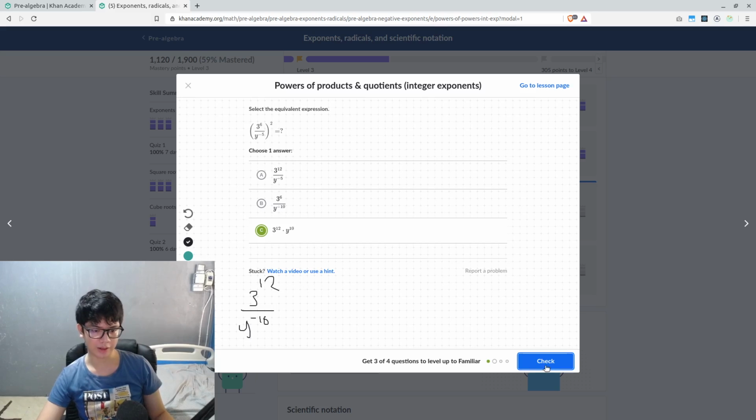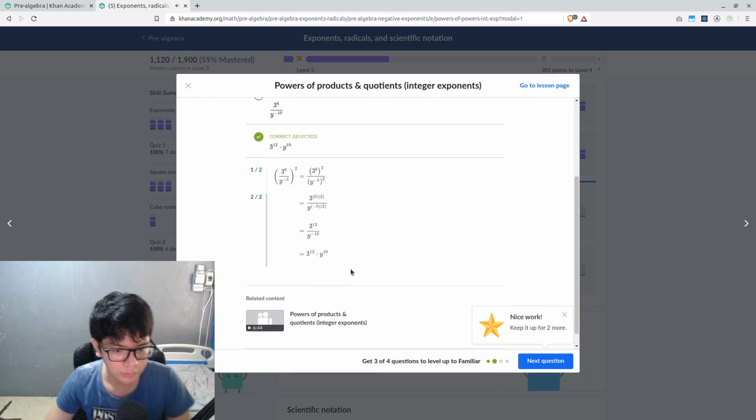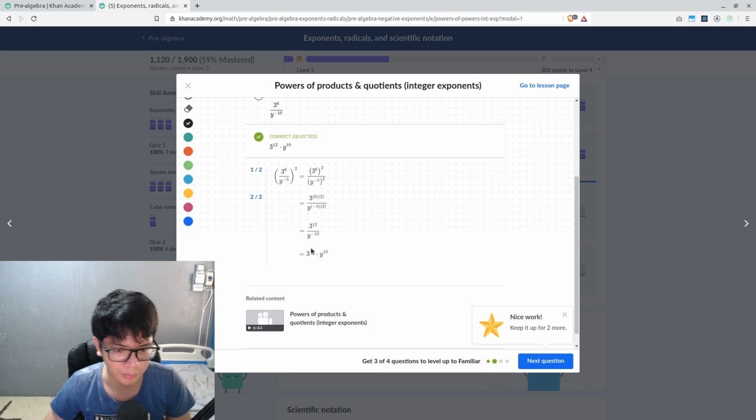Multiply the constant. Yeah, because that is literally equivalent. 3 over 12 times 1 over y positive 10. Or multiply, we take the reciprocal of that, 1 over y positive.